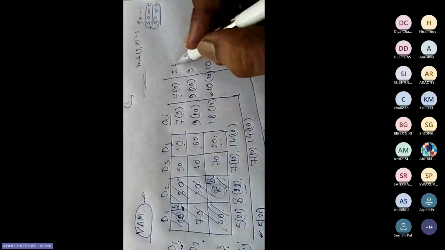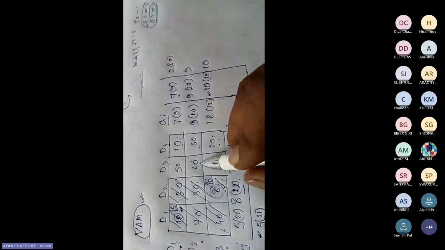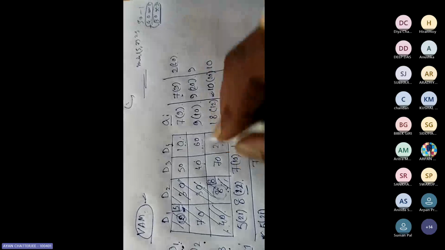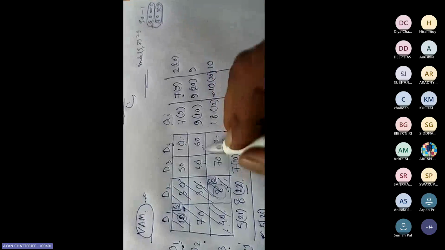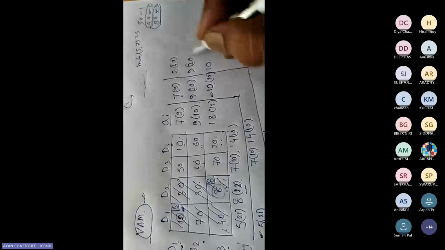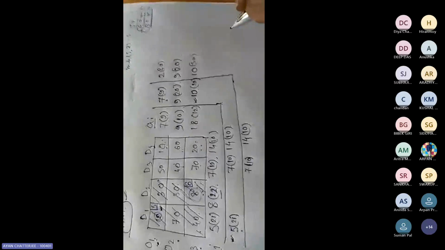So the difference is 40, right? Here 40 and 60, so two values are there, so obviously I have to take the difference of these two values. So it will be 20. Next the difference is 70 and 20, so it will be 50. For 14 the difference is 10, and for 7 the difference remains 10. The other thing is quite the same.